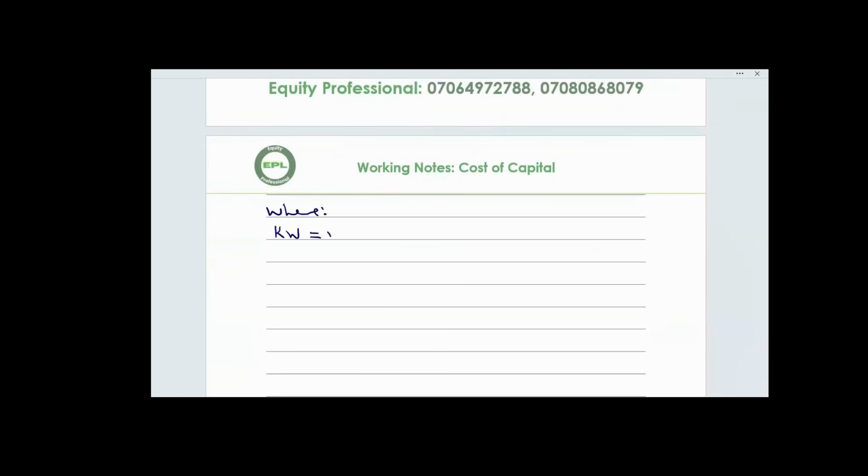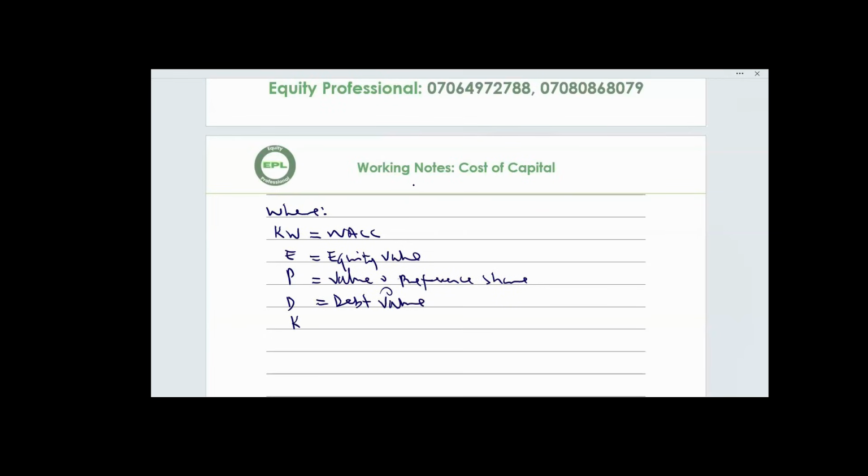KW equal to weighted average cost of capital, E equal to equity value, P equal to value of preference share, D equal to debt value.